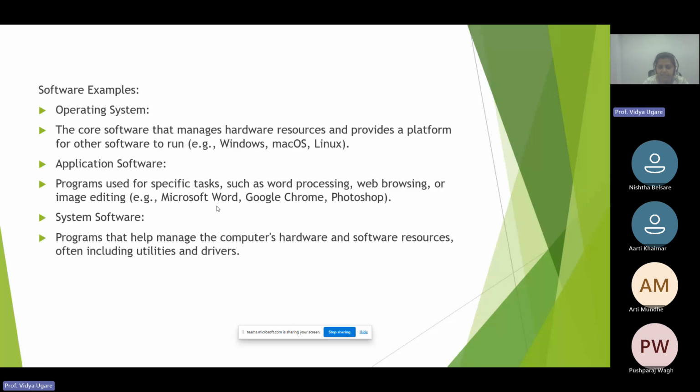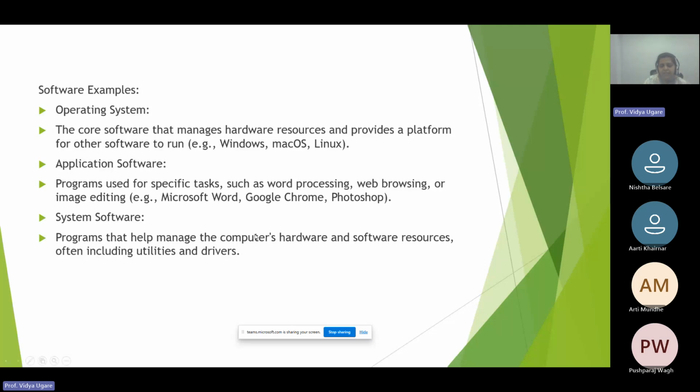So this is application software, which is not mandatory. If your computer has no MS Office and no Chrome, it will still start. But if your computer doesn't have an operating system, it will not start. It is a mandatory one. Applications are not mandatory, but nowadays we do so many tasks on our computer that we require these software as well.